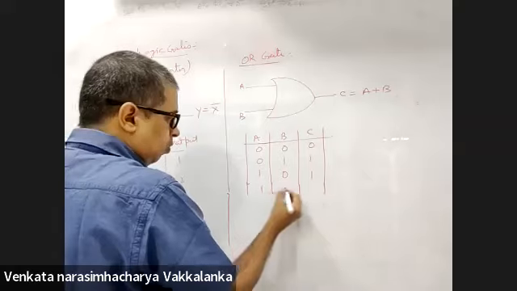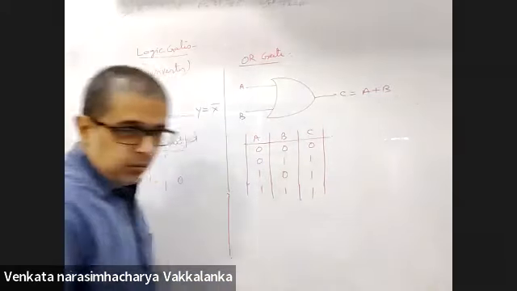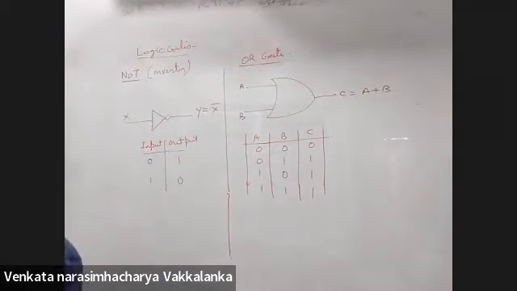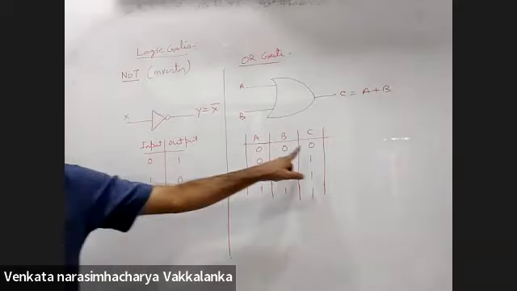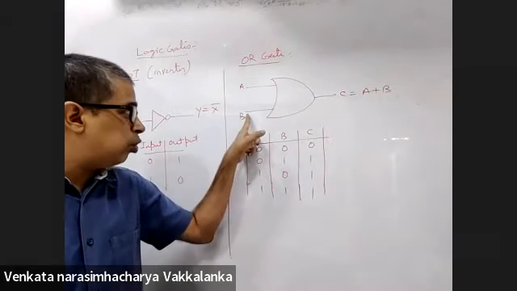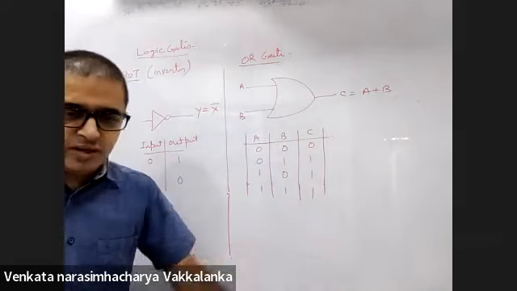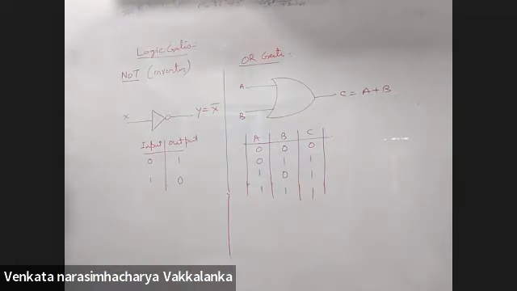Only in digital, 1 plus 1 will be 1. So the output of an OR gate will be 0 only when both of them are 0. In all remaining situations output will be 1.